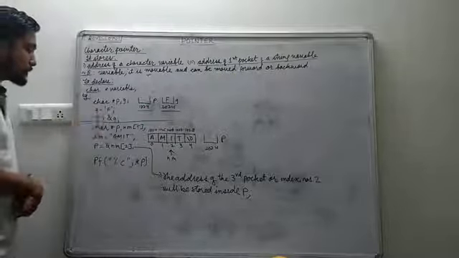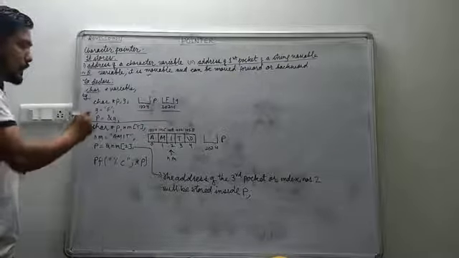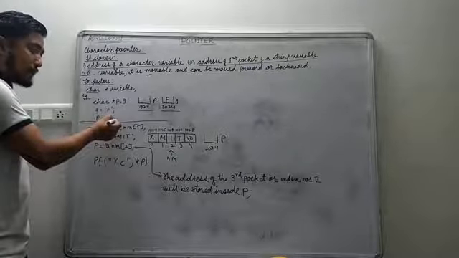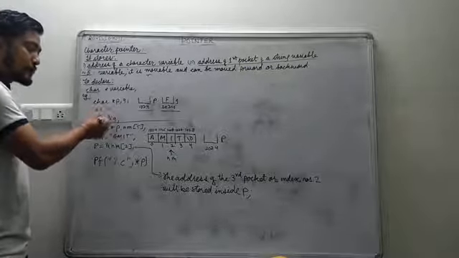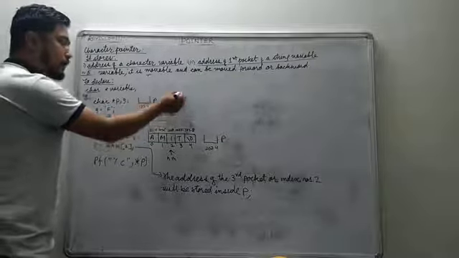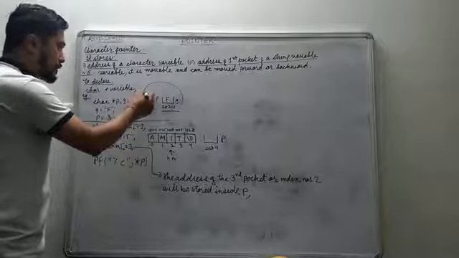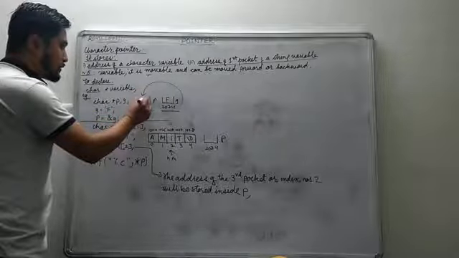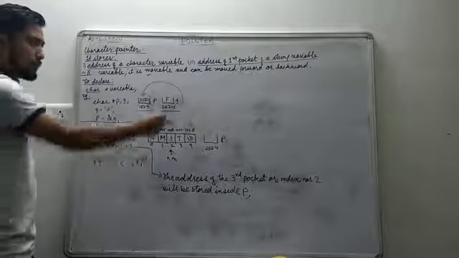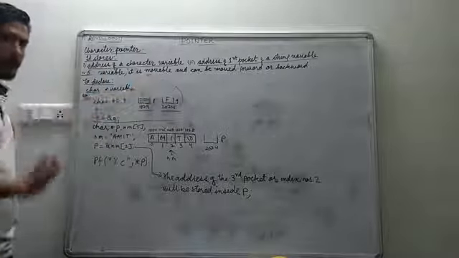Now p equals ampersand g. What does this mean? The address of g will be stored inside p. What is the address of g? Sorry, the address of g is 2024, and it will be stored inside p.